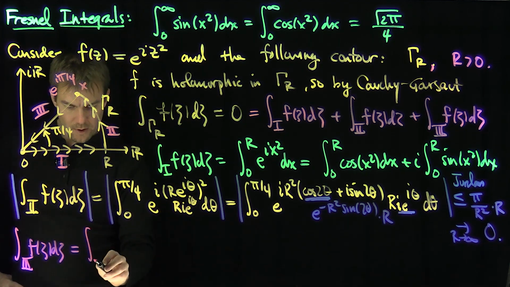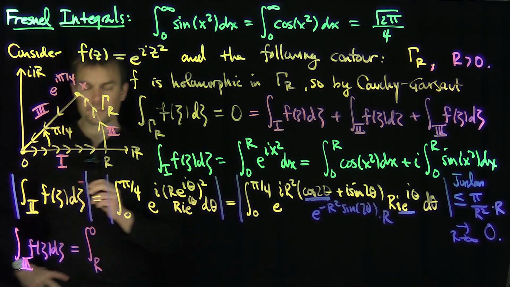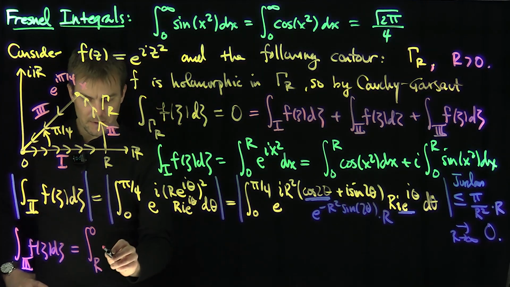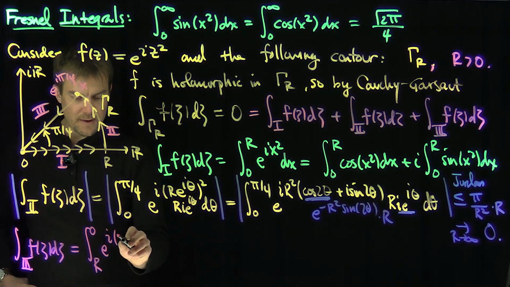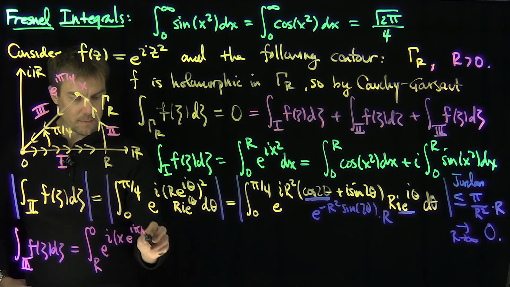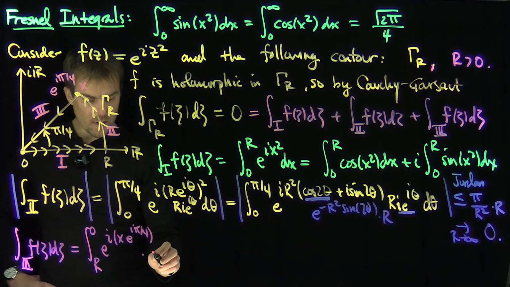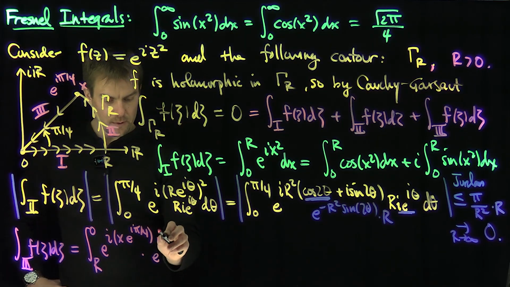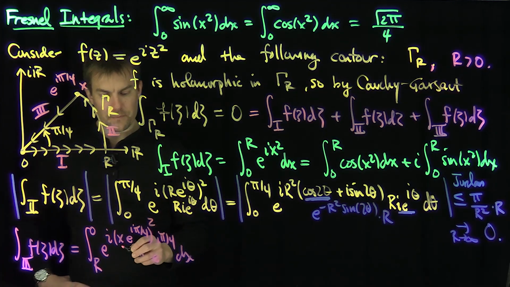So this is going to be the integral from r to 0 of e to the i, x times e to the i pi over 4, then times just e to the i pi over 4, then a dx. And this thing, of course, is squared.